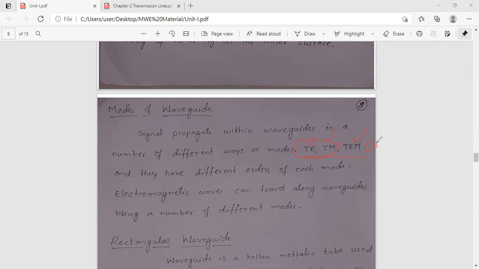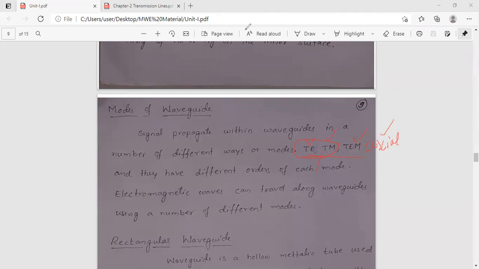In free space, if we want to propagate, a TEM wave is possible, where the electric field and magnetic field will be perpendicular. Apart from free space, the TEM mode of wave propagation is possible in coaxial cable. But there is no TEM in the case of waveguides. Please do remember these statements.